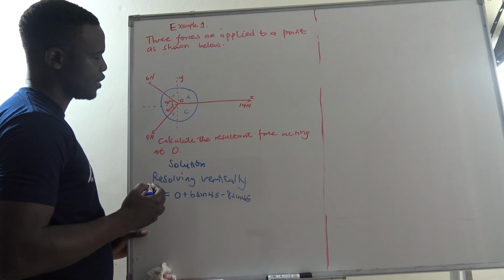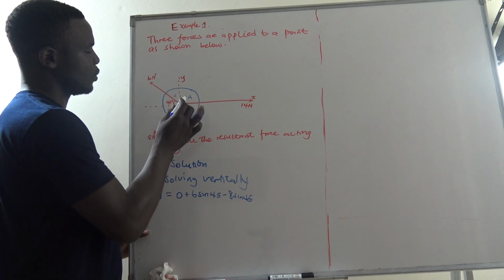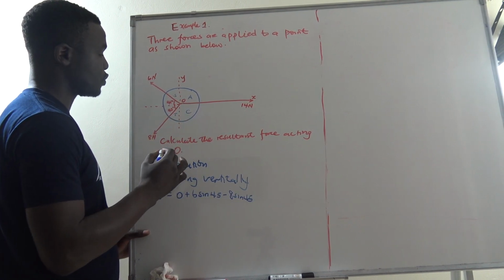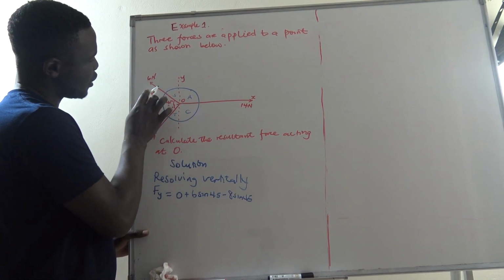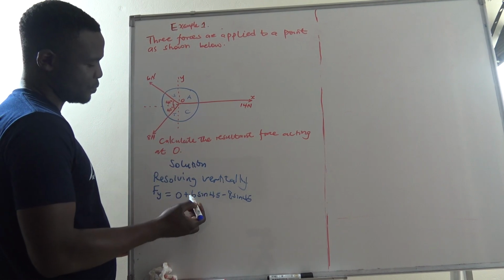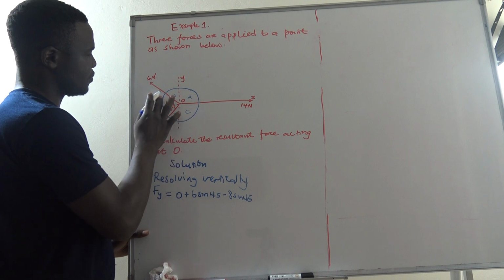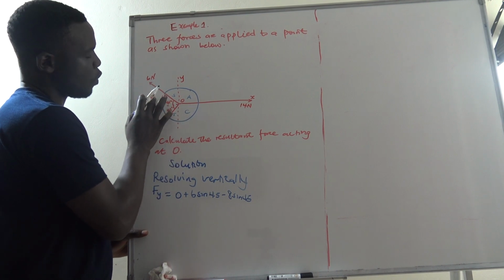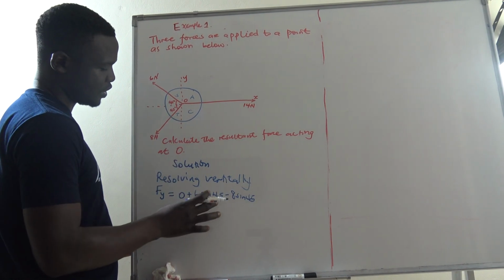You remember that mnemonic where I used to say all students take chemistry. So here we are in the second quadrant, and it means that the value of sine we get in this quadrant should be positive.